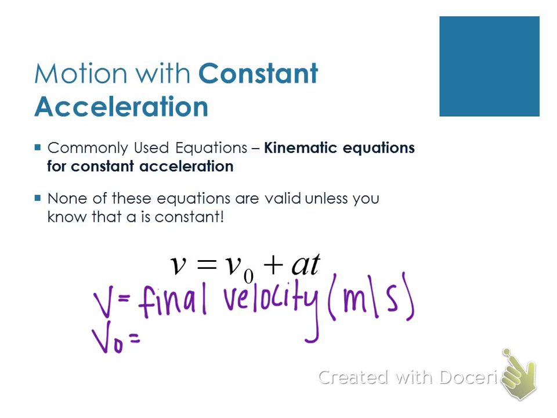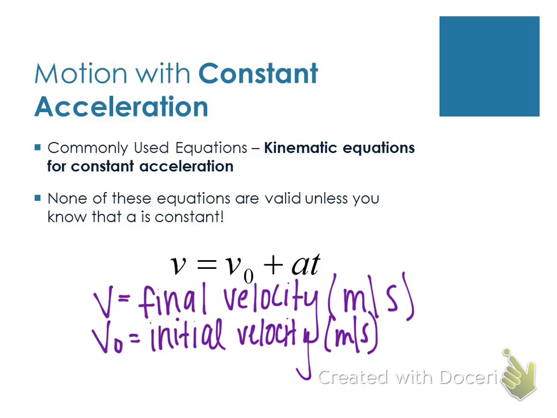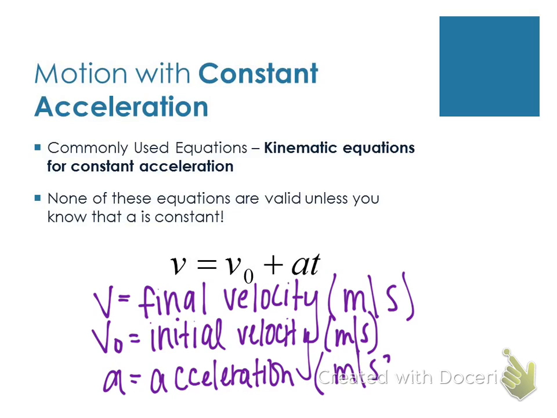So this is initial velocity. Okay, that's also in meters per second. What about A? What do you think A means, little a? It's acceleration, good. And our units for acceleration are? Good, meters per second squared.